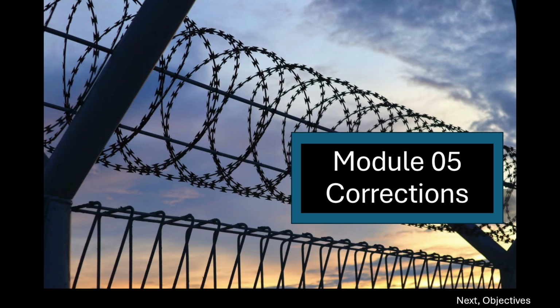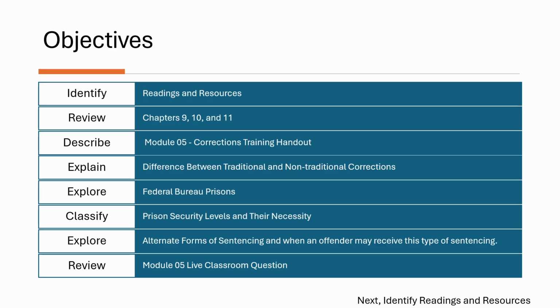Let's look at the course objectives. We're going to identify the readings and resources. We'll review chapters 9, 10, and 11. Describe the Module 5 corrections training handout. We can explain the difference between traditional and non-traditional corrections.